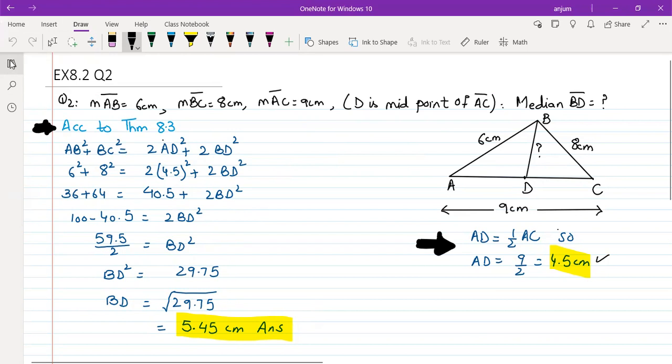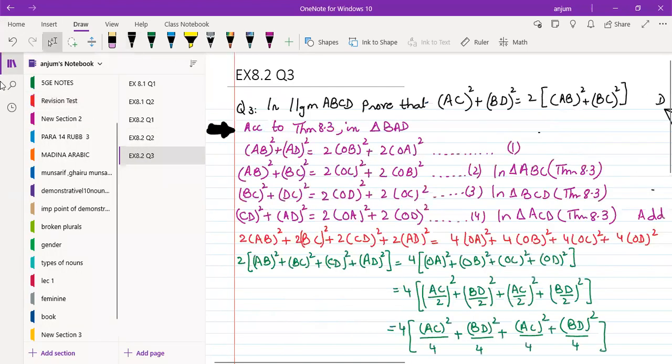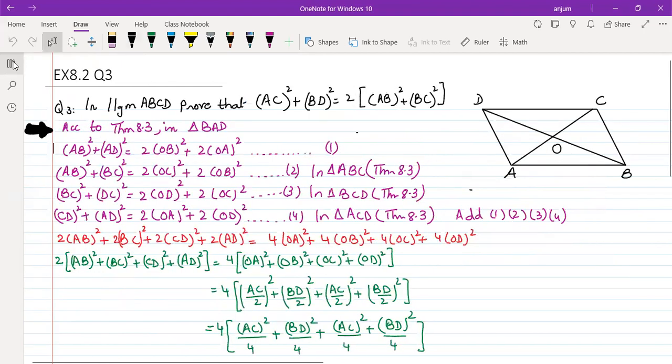Now we come to question number 3. In this question, there is a parallelogram ABCD, and we have to prove that AC square plus BD square is equal to 2 into AB square plus 2 into BC square. So we have taken a simple parallelogram, and we will apply Apollonius theorem to its different parts. First of all, we apply theorem 8.3 to triangle BAD.